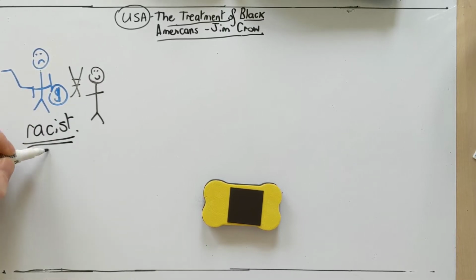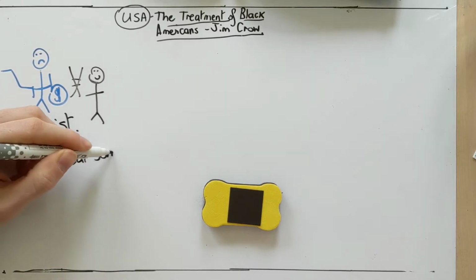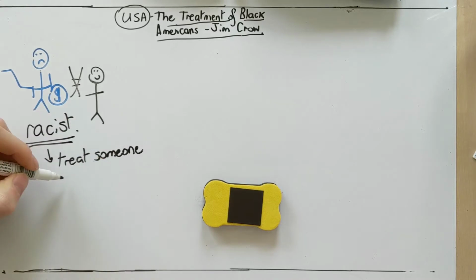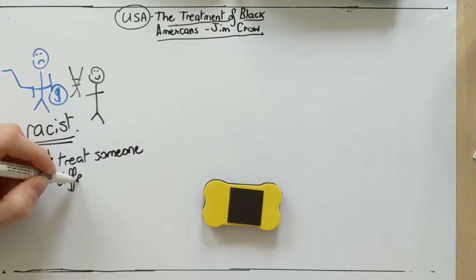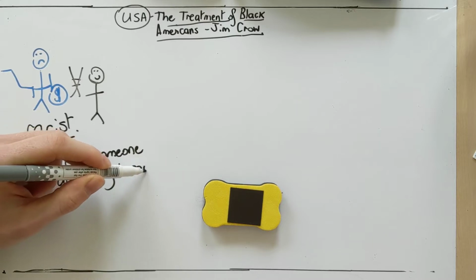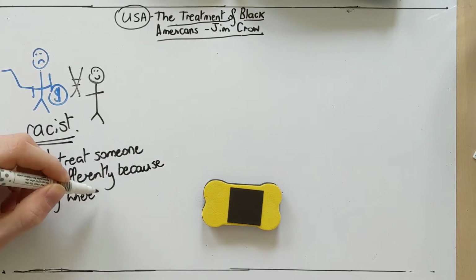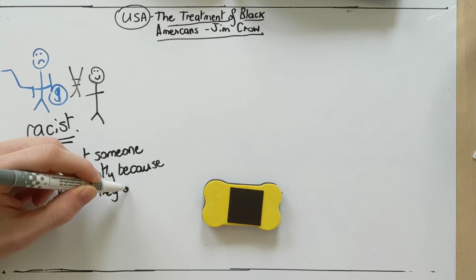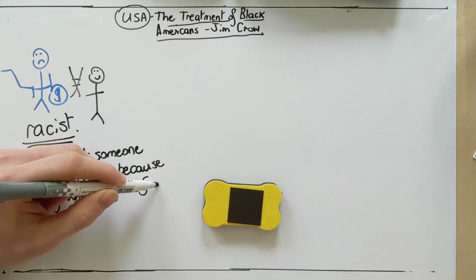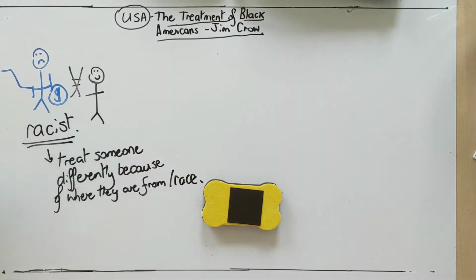So what this means is you treat someone differently because of where they are from or their race. So in this example, treating them differently because they're a different skin colour.